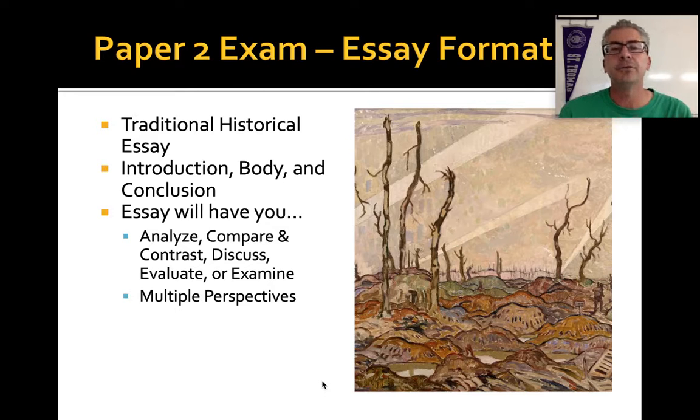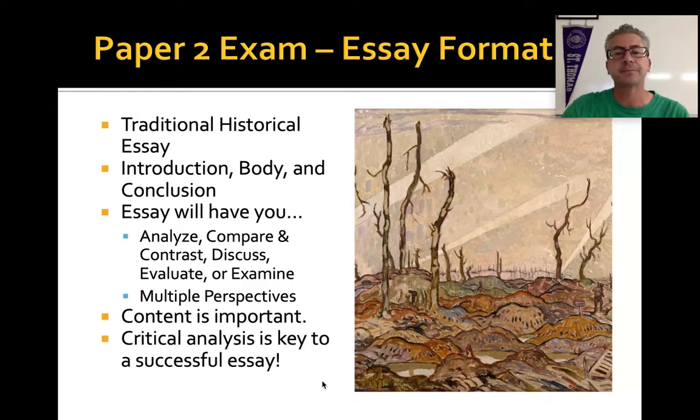Essay will have you analyze, compare, and contrast, discuss, evaluate, or examine. We're looking at multiple perspectives here. Content is important, so you need to know some little details to help enhance your general thoughts. And then critical analysis is very critical in the success of this essay, showing what you know and the ultimate meaning behind what you have said.